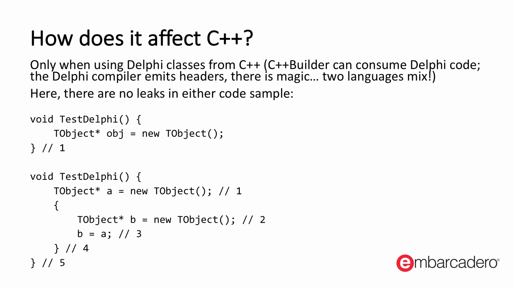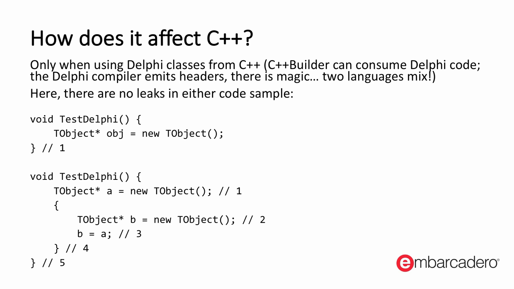Now here's a more complicated method. What happens here? At 1 and 2, objects are created and their reference count is set to 1. It gets interesting at 3. Here the object created at 2, i.e. B's ref count, drops to 0 and B is deleted.